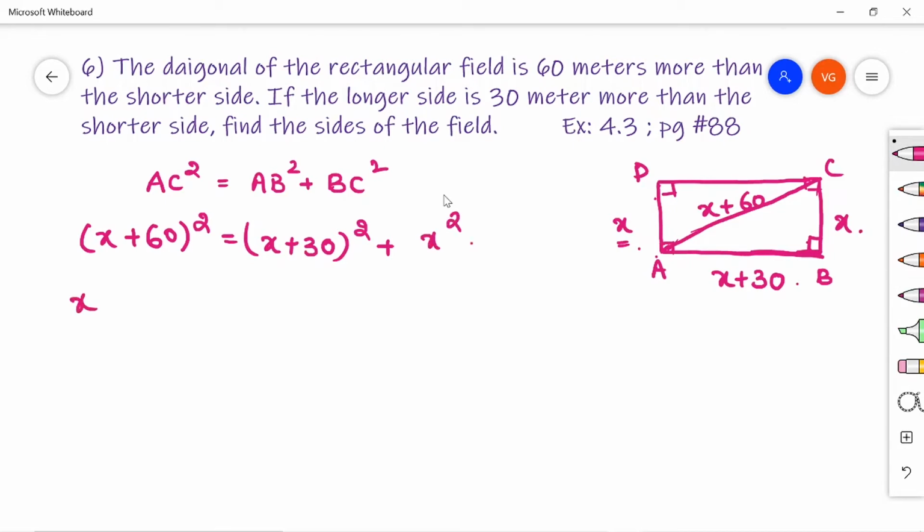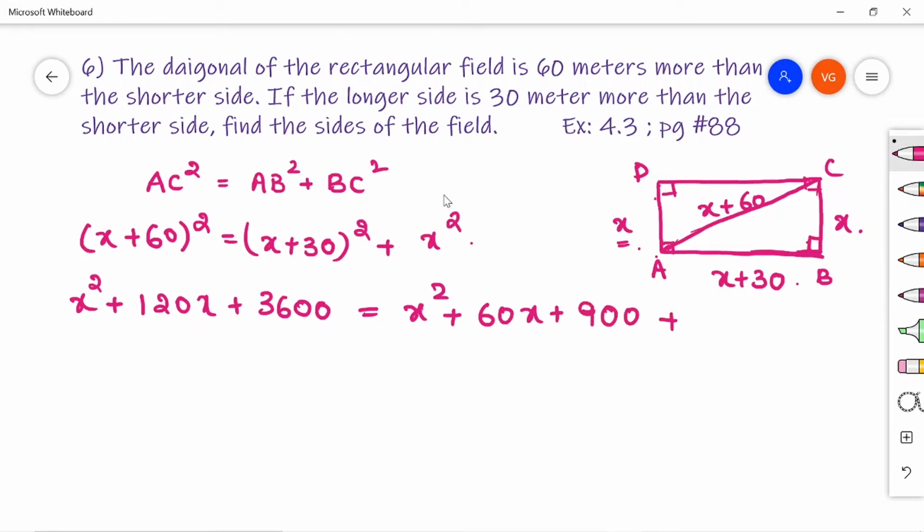Now expand (x plus 60) whole square. This is of the (a plus b) whole square form. So 2 into a into b, 2 into x into 60, that is 120x, plus 60 square, 6 sixes are 36, 2 zeros, so 3600, is equal to again x square plus 60x plus 30 square, which means 900, plus x square.